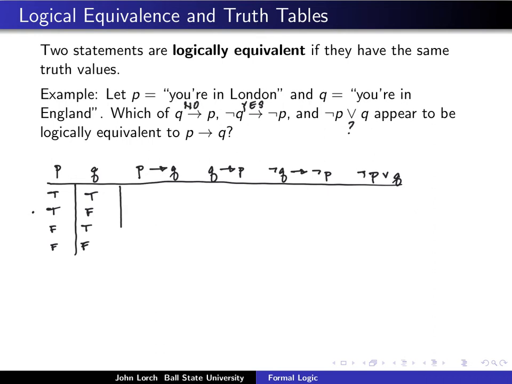All right, so let's go and produce truth values for all of these other statements. And we're going to want to keep track of which of these columns match the column that we get for if P then Q. So you might recall from the previous slides that the truth values for if P then Q are as follows.